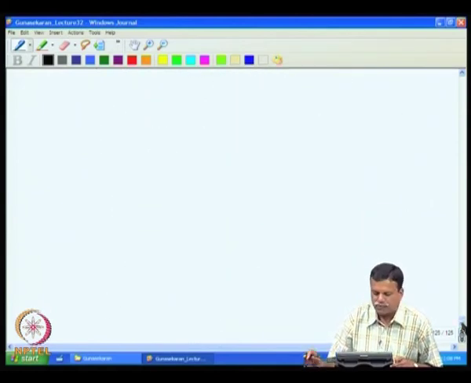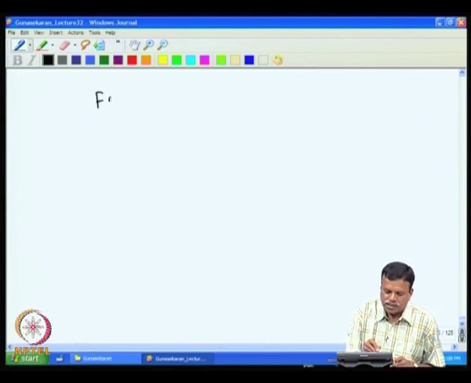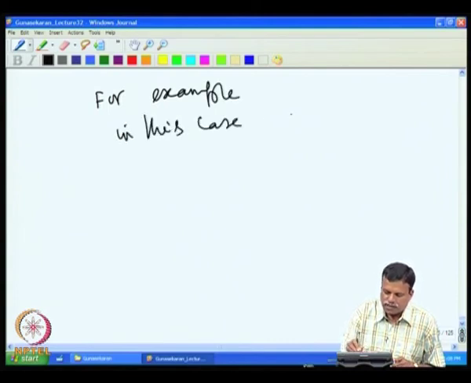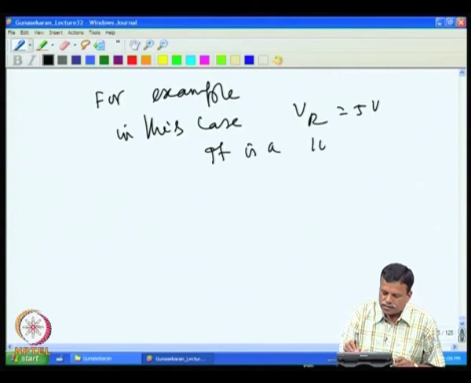One LSB can be calculated in the following manner. For example, in this case, V reference equals 5 volt, and it is a 10-bit converter.